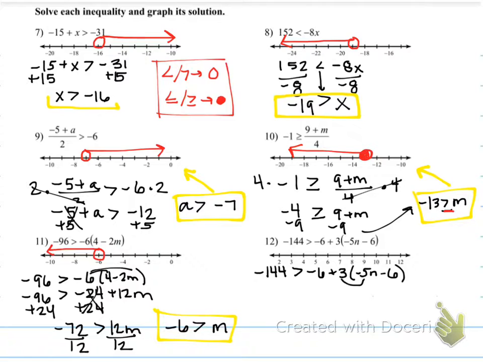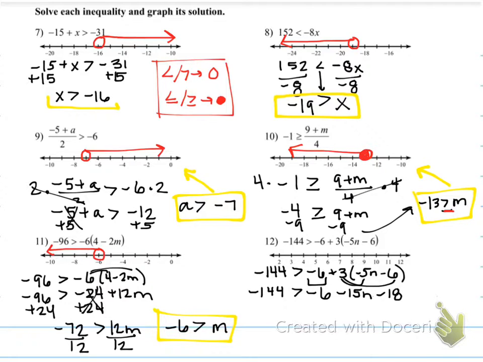We're going to go 3 times negative 5n, giving me a negative 15n, and then 3 times negative 6, giving me a negative 18. I'm going to bring down this negative 6 because it's just chilling. It's not in parentheses, so we're not going to do anything with it just yet. And then I can bring down that negative 144 and the greater than sign. From here, I want you guys to notice what's on each side.